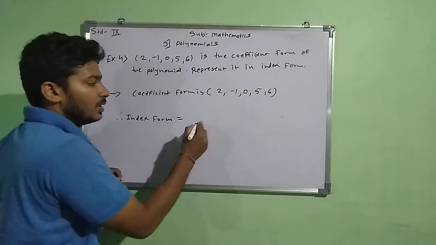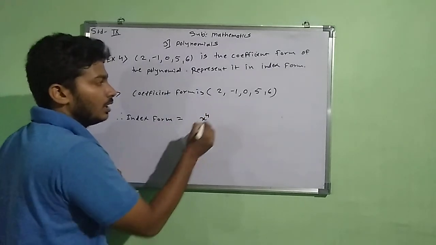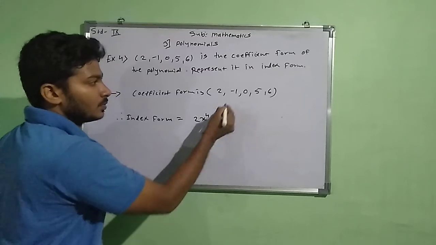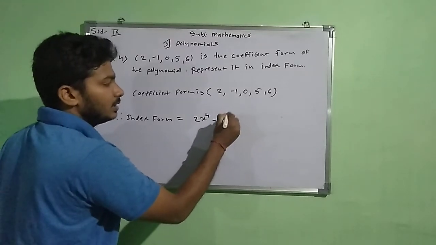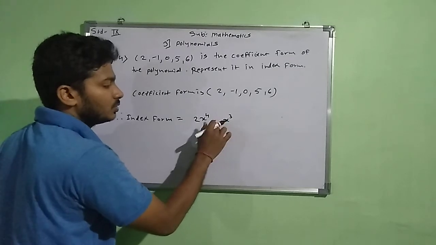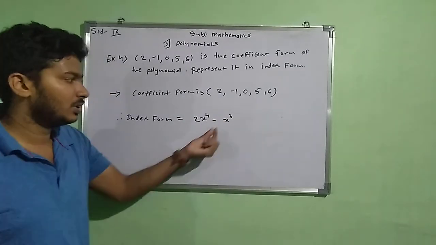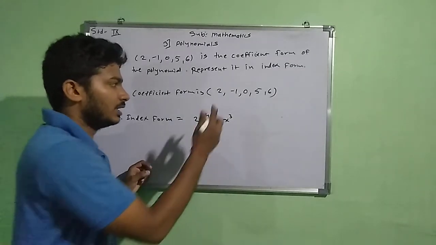So the first term will have degree 4 and the coefficient is 2. The second term will have degree 3 and the coefficient is minus 1. No need to write the 1, because whether we write it or not, it is one in sense.